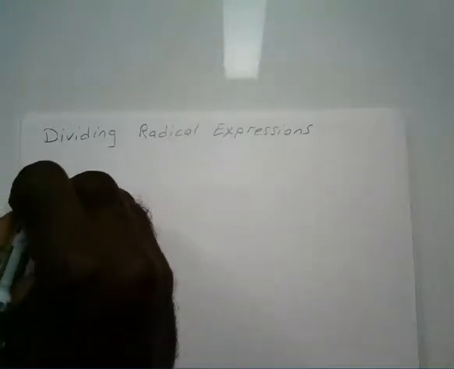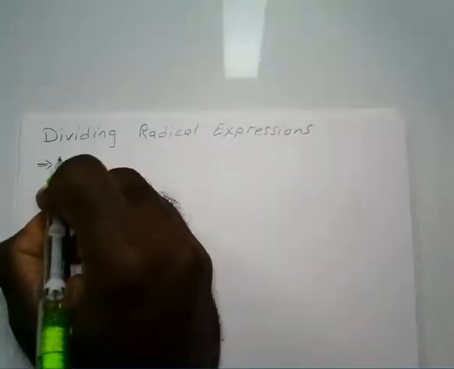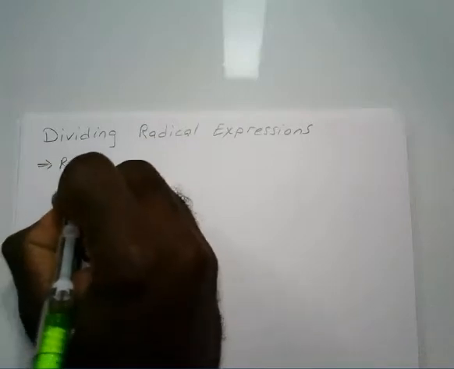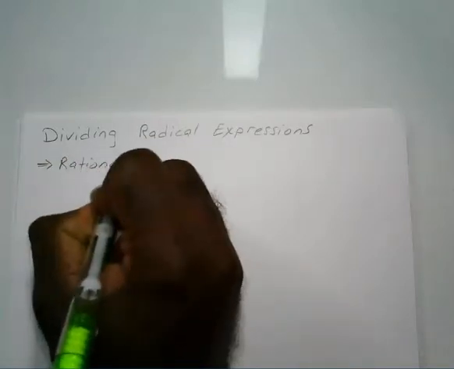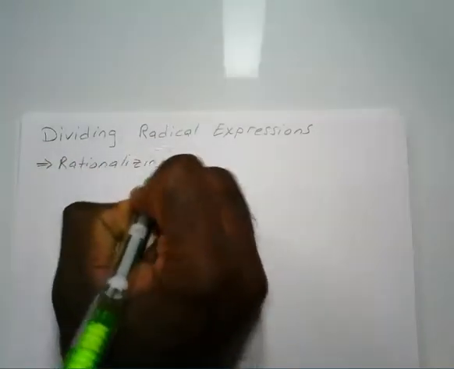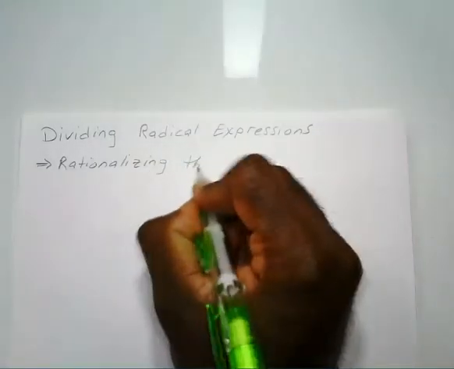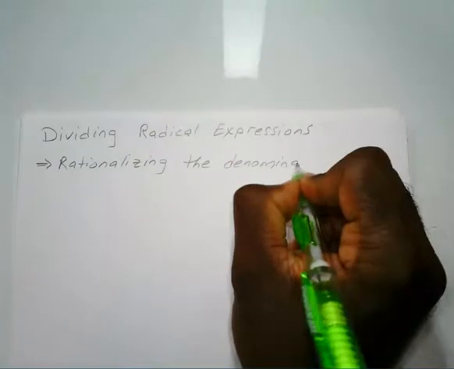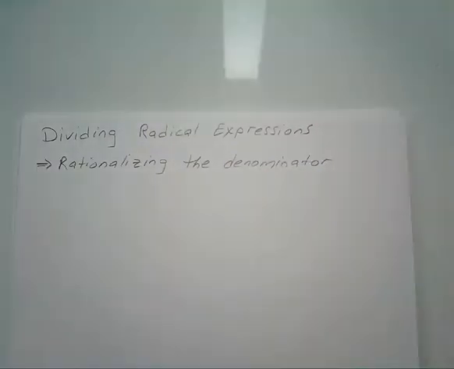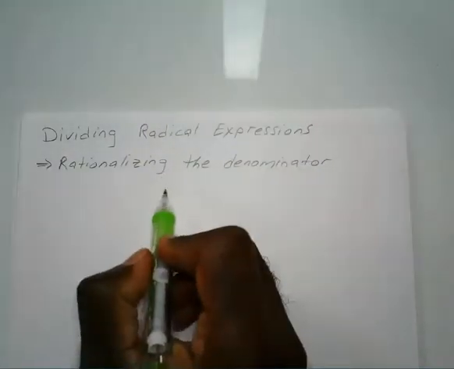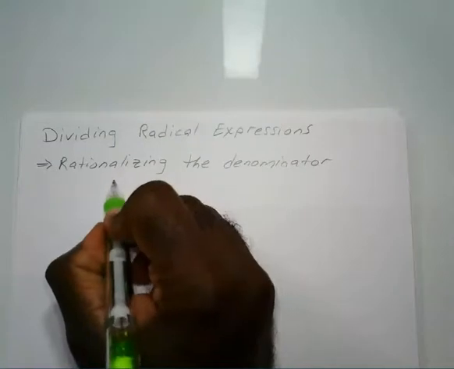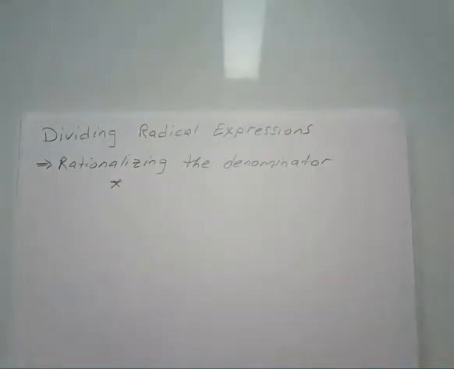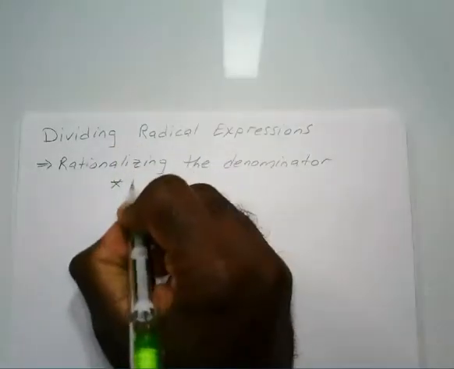Okay, and that comes from rationalizing the denominator. Now rationalizing the denominator, the simple way of explaining that is you're just going to remove all radical symbols from the denominator.